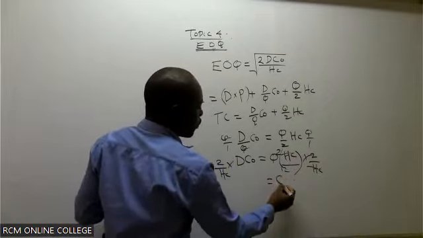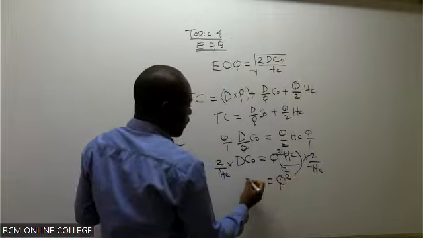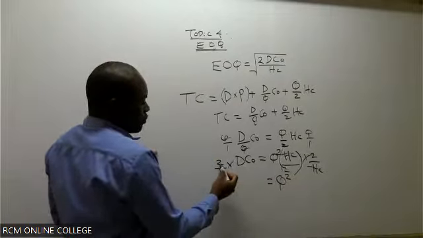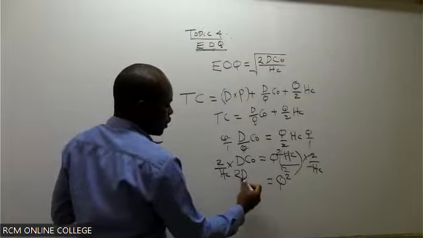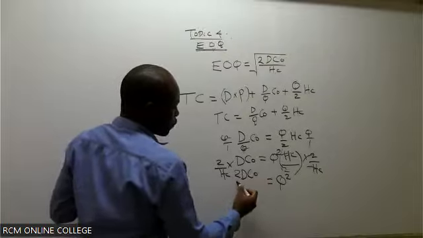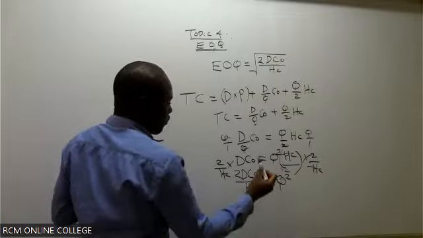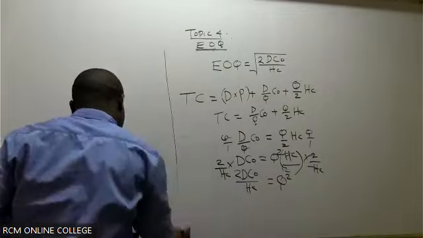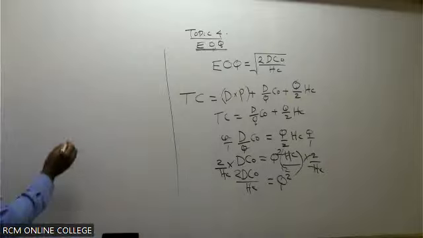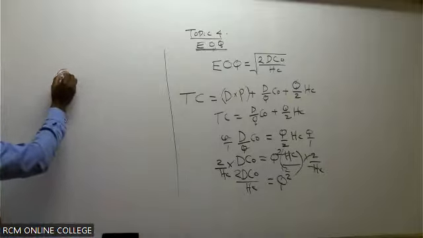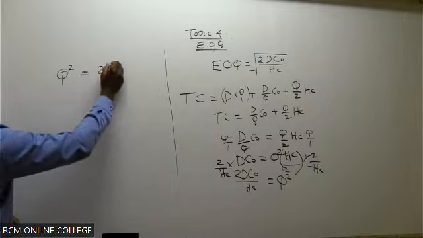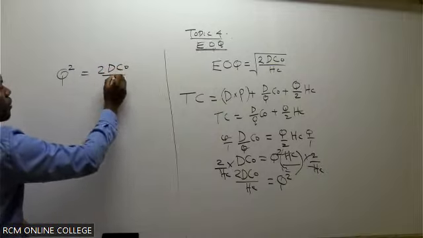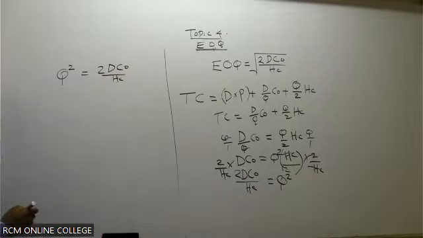I'm remaining with Q squared equivalent to 2 multiplied by this, which will be 2DCO, and of course over HC. Having done that, I now get to this part, and I will be able to see I have Q squared equivalent to 2DCO over HC, which is the holding cost.